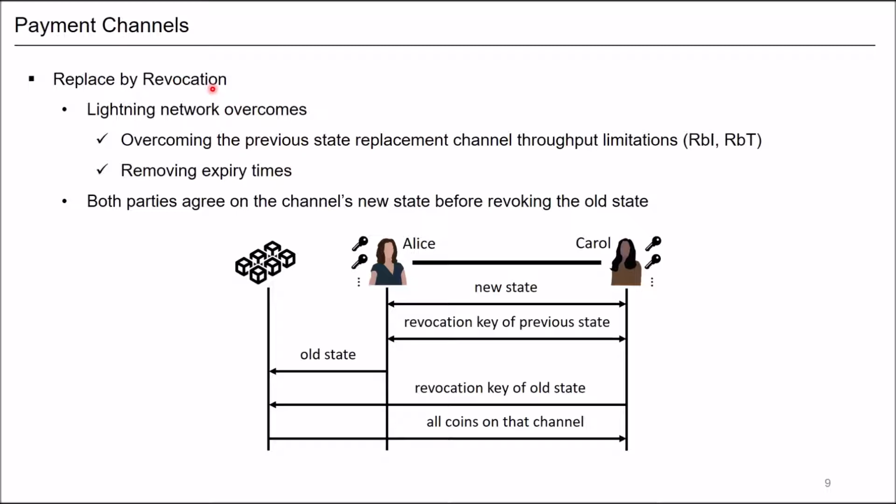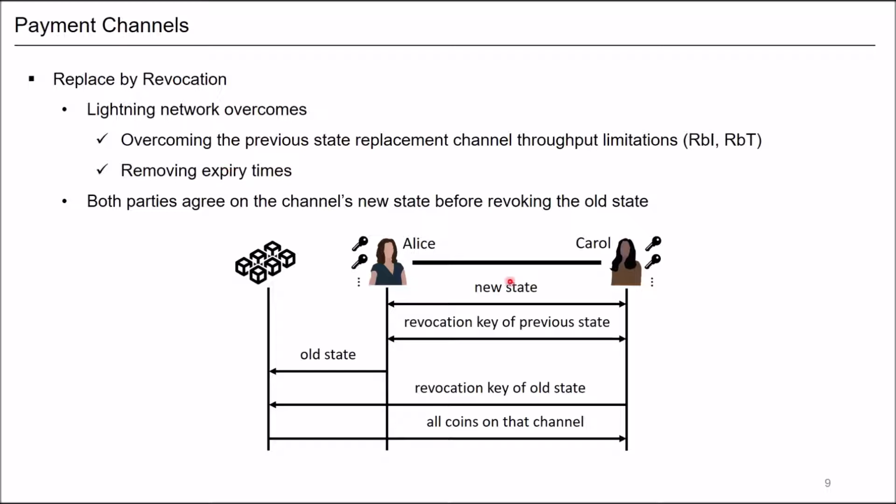Poon and Dryja propose Lightning channels to overcome the previous state replacement channel throughput limitations and to remove expiry times. So the paper refers to Lightning channels as RBR, replaced by revocation, because both parties agree on the channel's new state before revoking the old state.